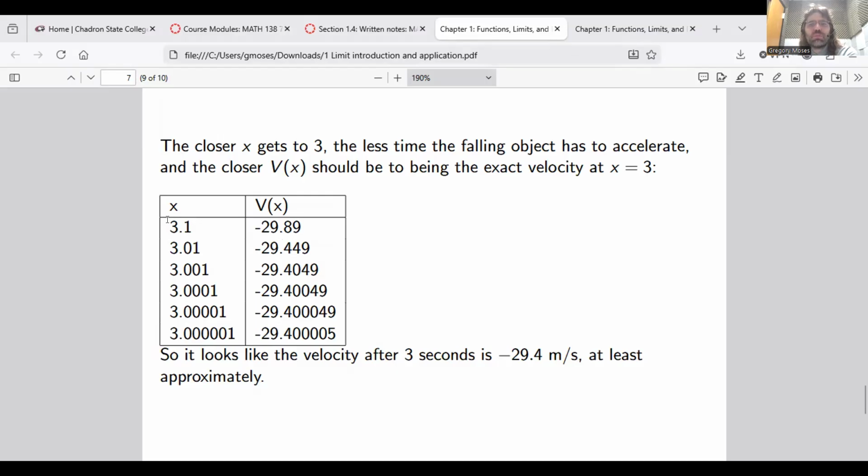So if we buy this idea that x getting closer to 3 means these average velocities are getting closer and closer to the exact velocity, it certainly looks like the exact velocity should be negative 29.4. And that is correct.